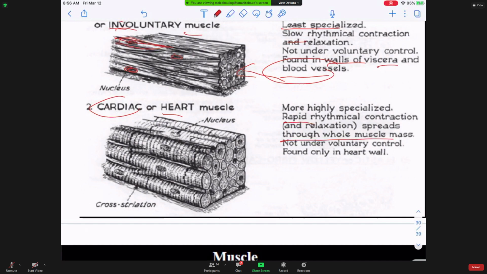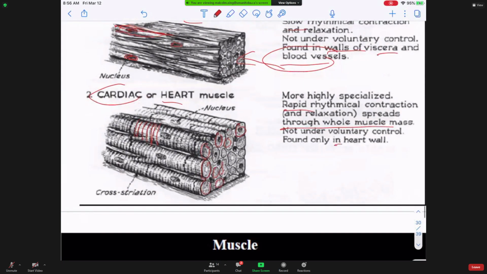You will see a kind of straight structure like this one. And they have a pattern, right? They're bundled together. Found in the heart wall, so that's not under voluntary control.